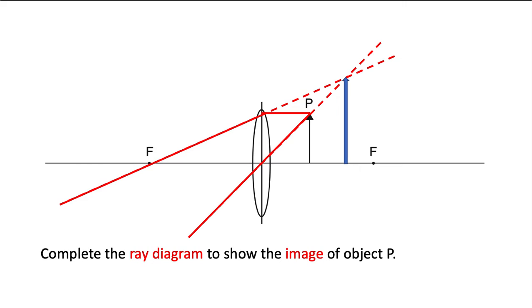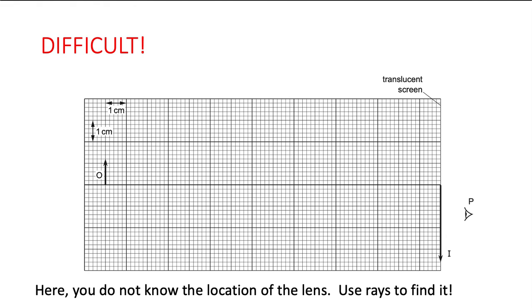You'll notice it crosses from the top to the bottom, in this case from left to right. So we can draw a line directly connecting the top of the object to the bottom of the image. If that line is passing through the center of the lens, then that means my lens is somewhere here.